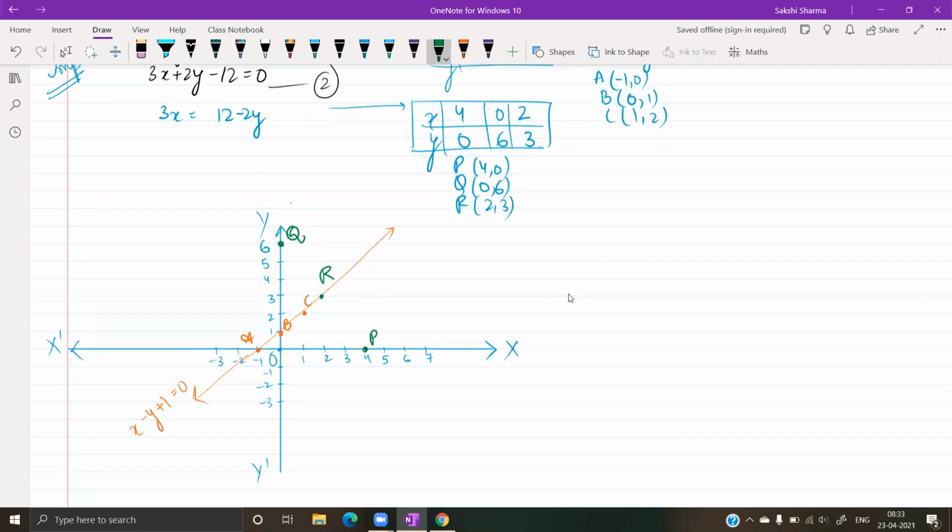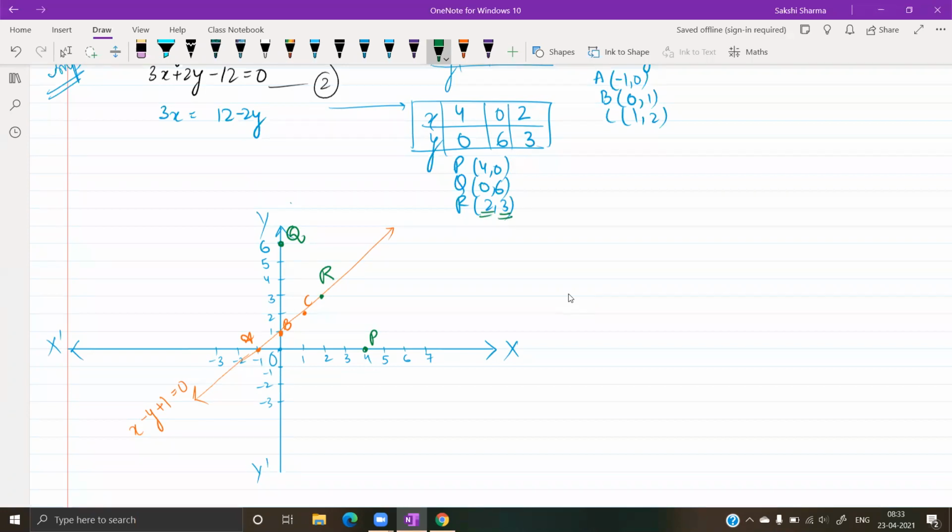So you can see point R actually lies on the line represented by equation number 1. And you can even verify by using those values. अगर आप use करते हो ये वाली values, first equation में, it satisfies equation 1. So point R actually is a solution for both, and that will be your common answer.